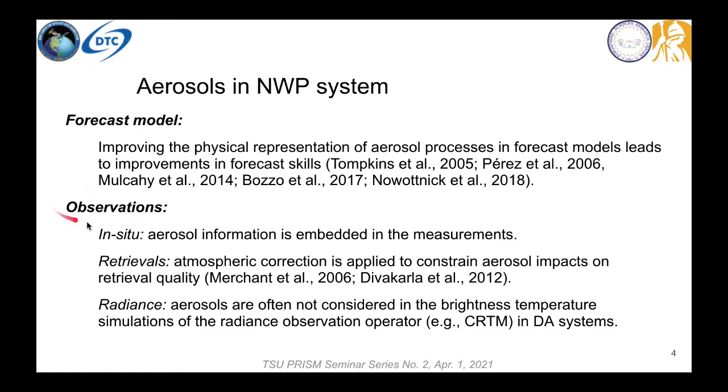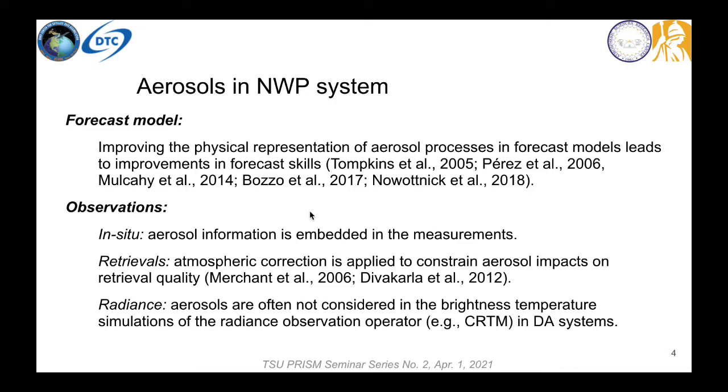So many studies have already pointed out that when we consider the physical description of the aerosol processes, we can have better forecast skill.